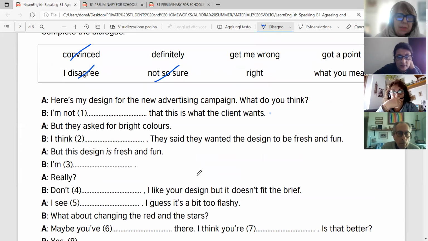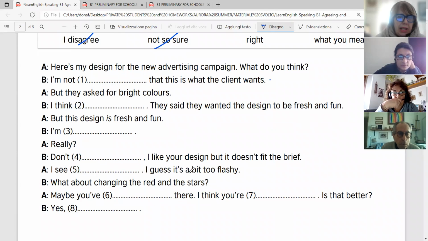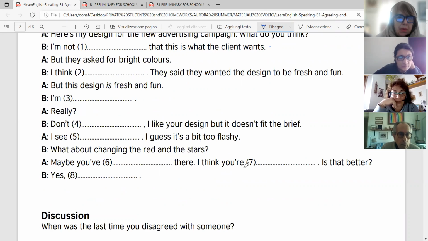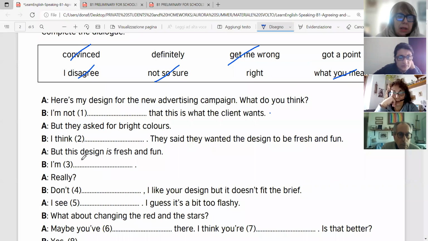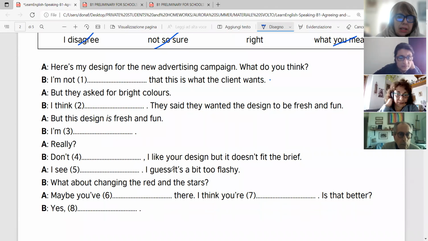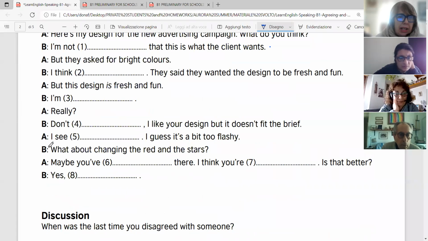I like your design, but it doesn't fit the brief. Yes, don't get me wrong. Okay, Anna. I see what you mean. Yes, I see what you mean. I guess it's a bit too flashy. Too flashy. Okay, Carlo.